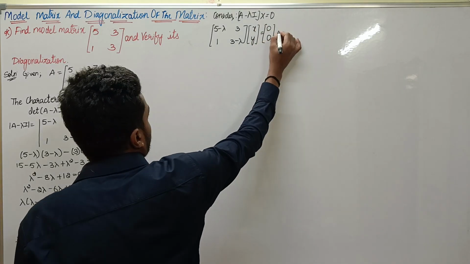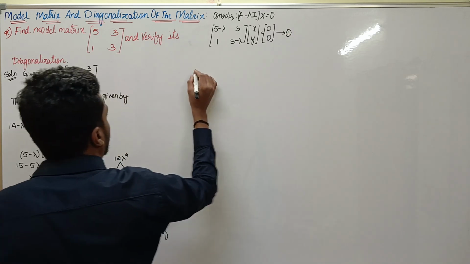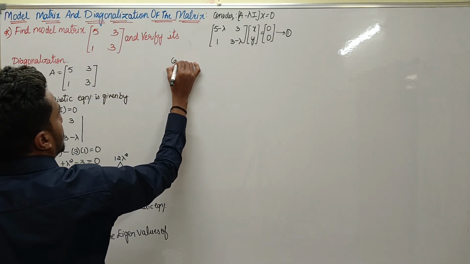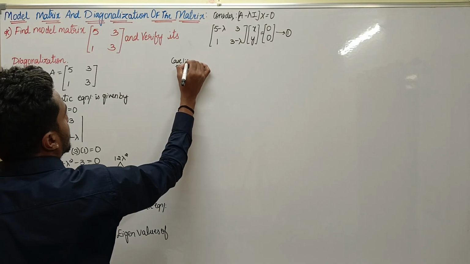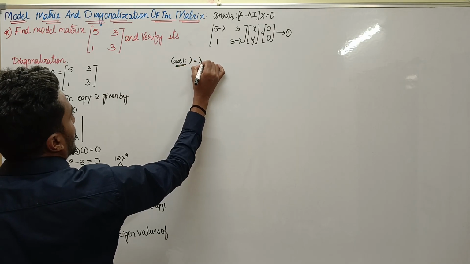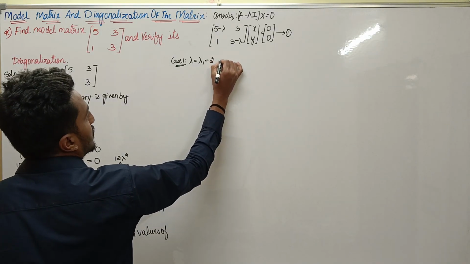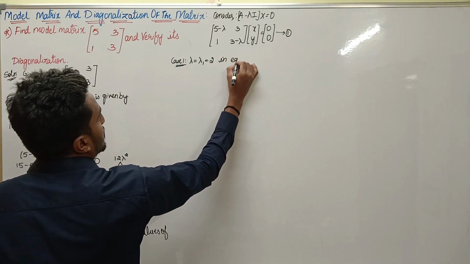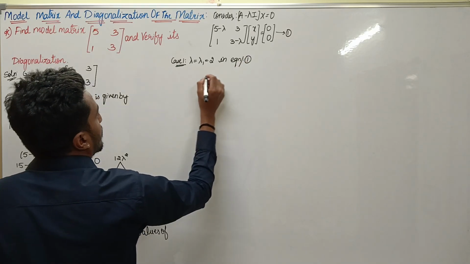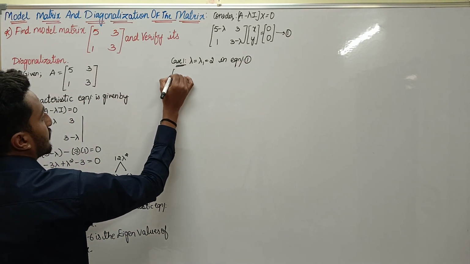Consider this as equation number 1. Now case number 1: lambda equal to lambda 1 equal to 2, the first root.